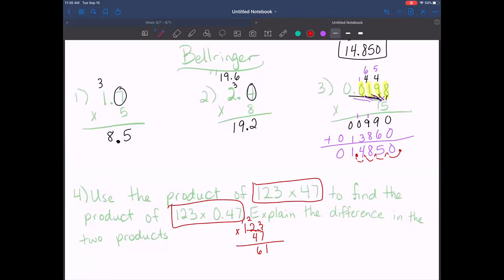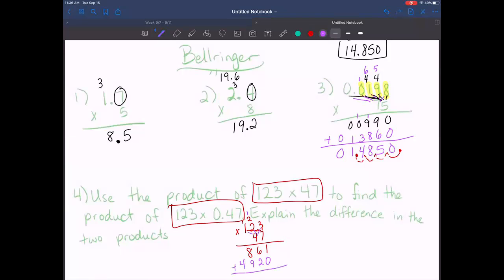So 7 times 1 is 7, plus that 1 is 8, okay? I'm going to switch colors. I'm going to put my 0. 4 times 3 is 12. Carry my 1. 4 times 2 is 8, plus that 1 is 9. And then 4 times 1 is just 4, okay?